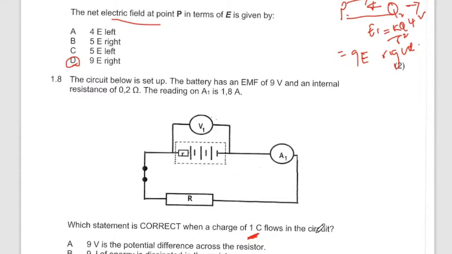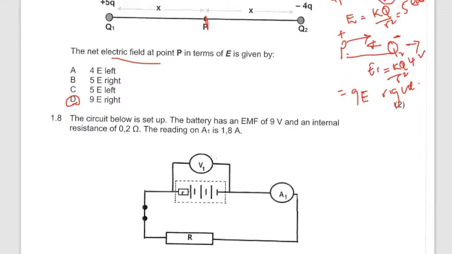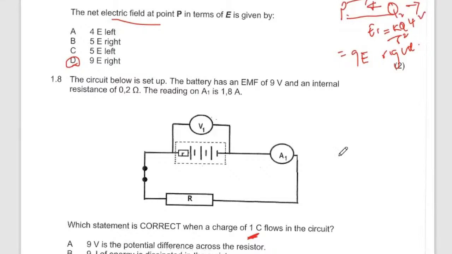So 1 coulomb of charge is more like the energy that is moving around. When we look at this, we have some sort of internal resistance within the battery. So 1 coulomb charge flow.